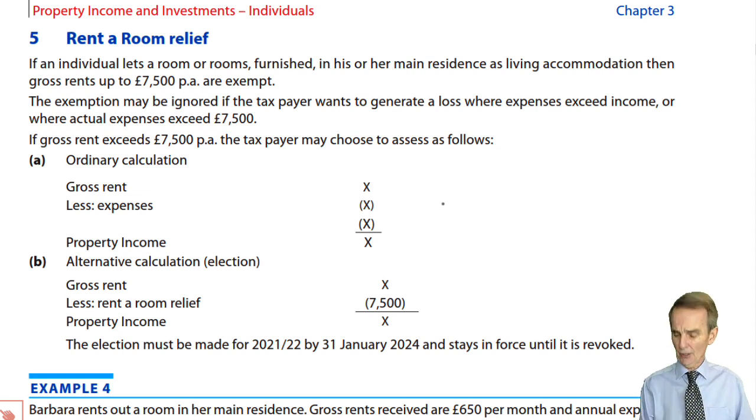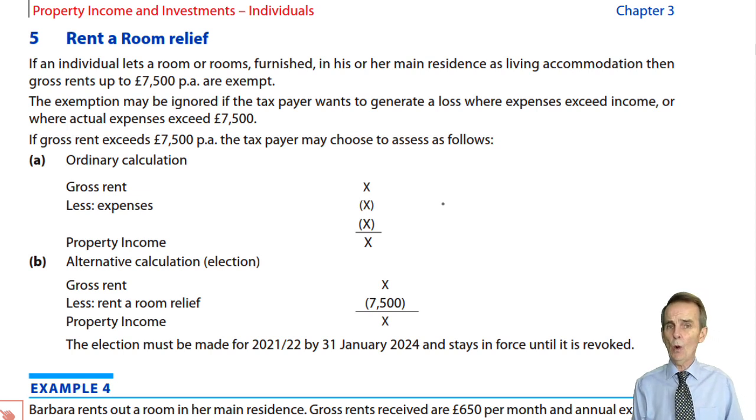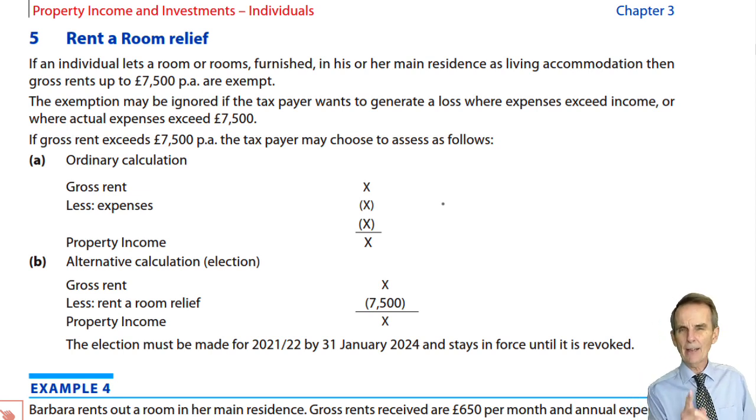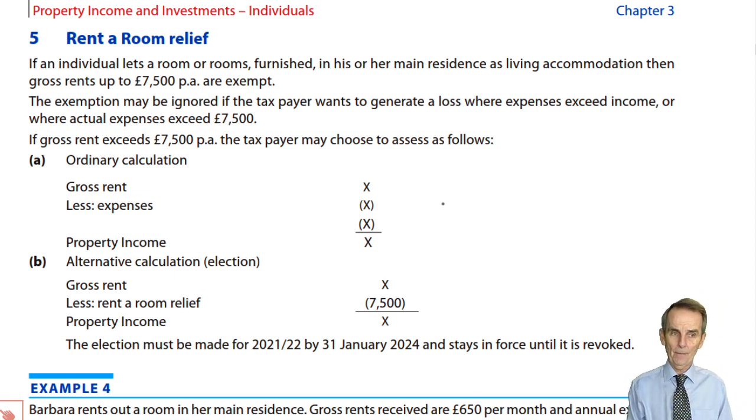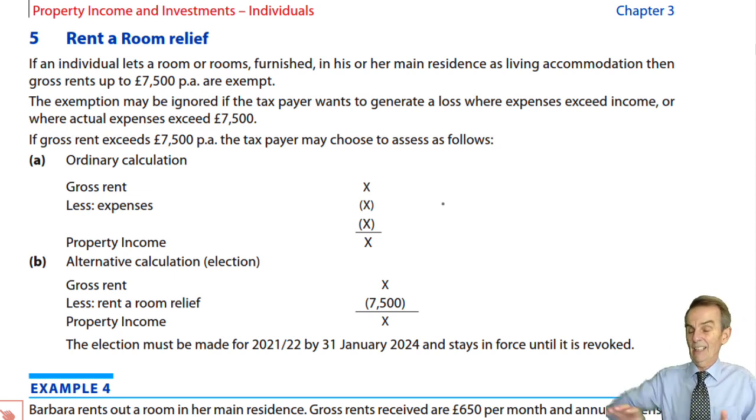But of course, if we go over the 31 consecutive days, then that potentially might endanger the classification of the property as a furnished holiday letting. And there are those other conditions then to be satisfied. But it's always been a different property.